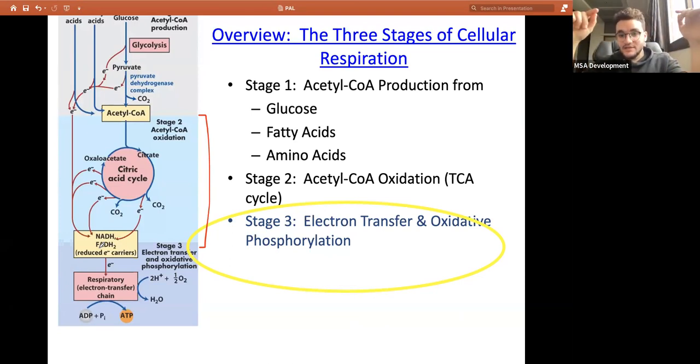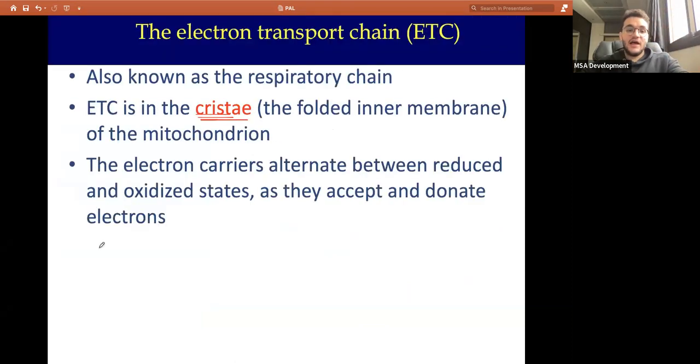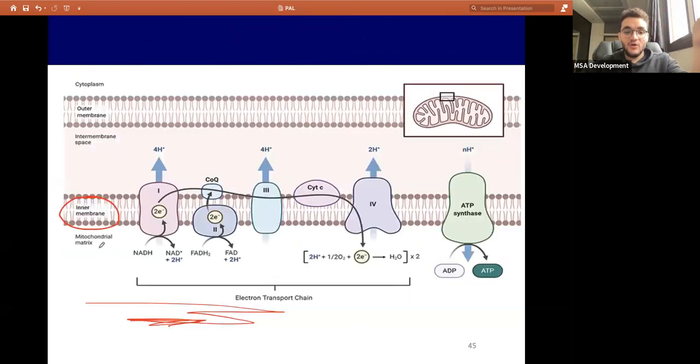So these NADH and FADH2 are in the reduced form. They are reduced from the TCA cycle. When they go to the electron transport chain, they will donate an electron. Now you have to understand that NADH differs from FADH2 in one step. Let's talk about NADH first.